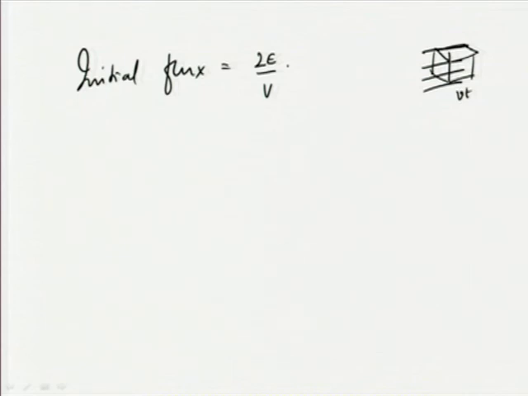So, for unit area it is equal to 1 into V into 1. So, that is the volume. So, 1 into V into 1 is V essentially.